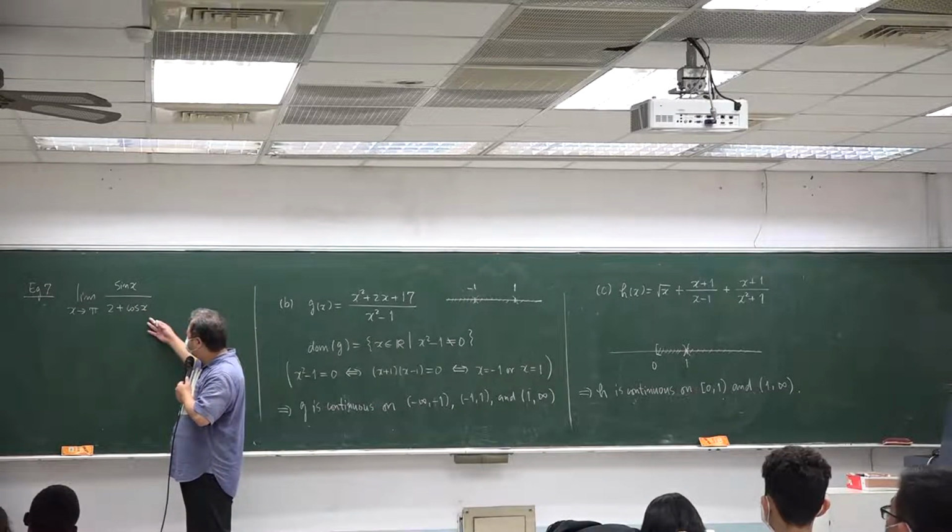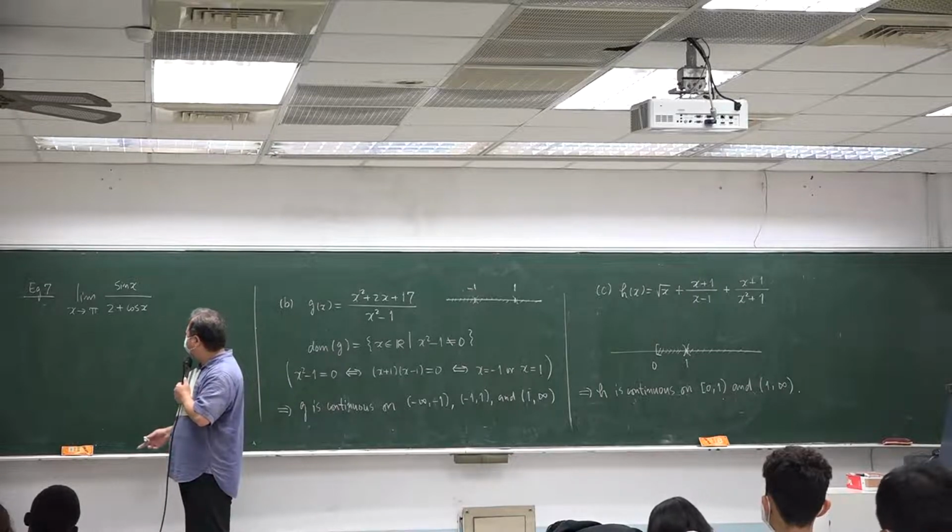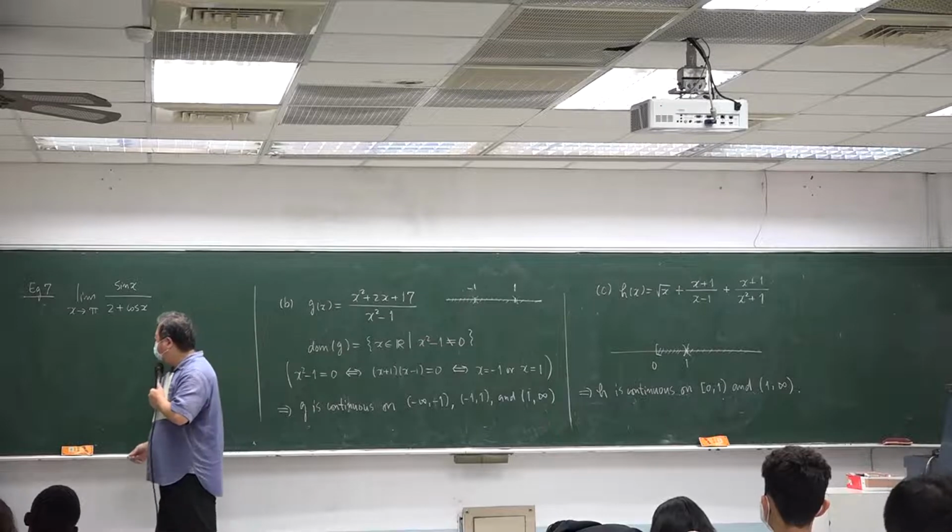So this function is continuous on its domain. At pi, we have cosine pi. Where is pi?